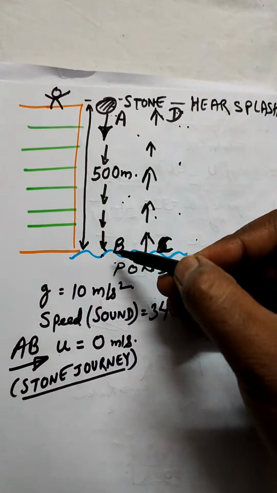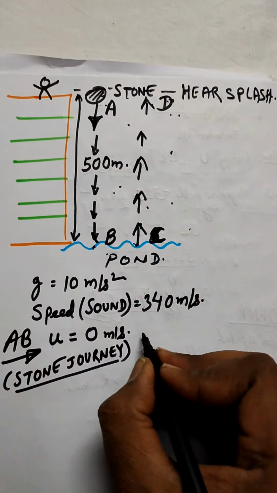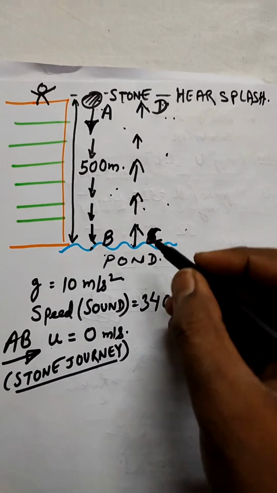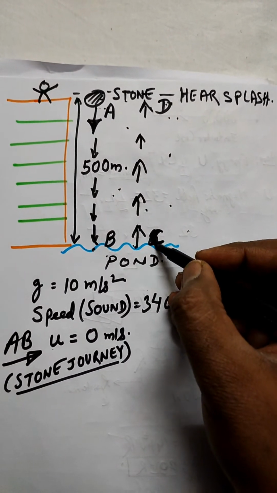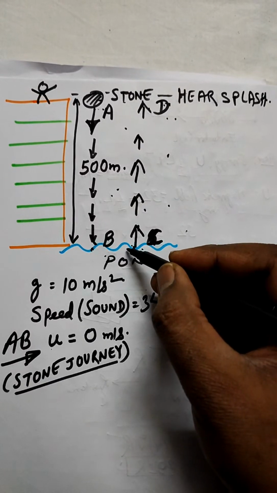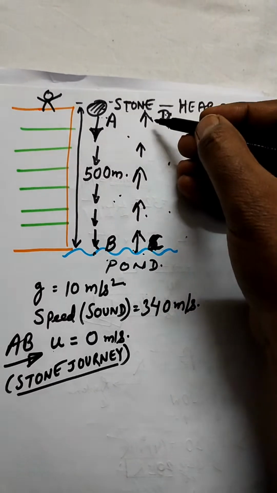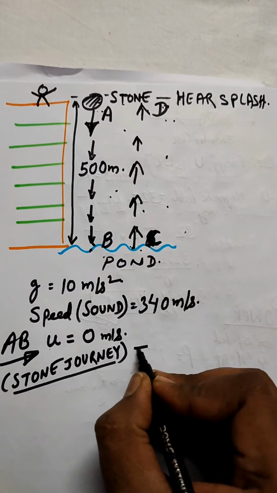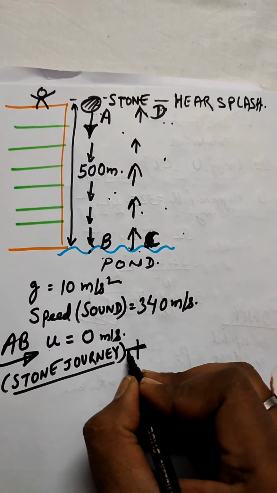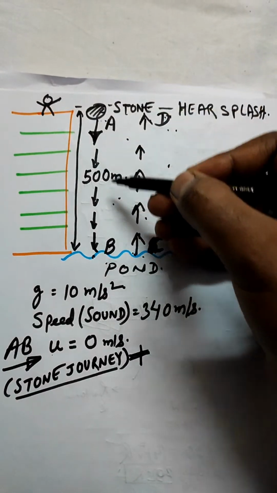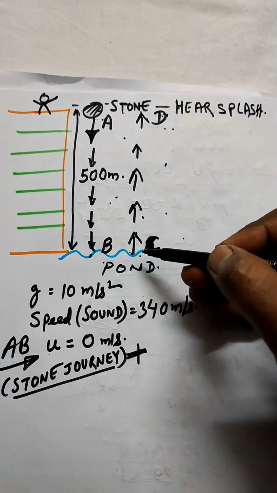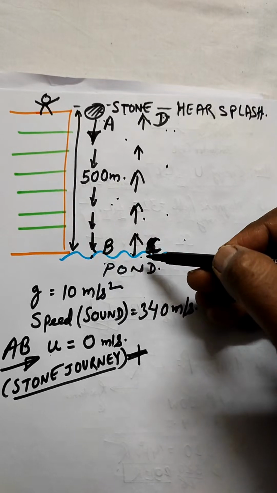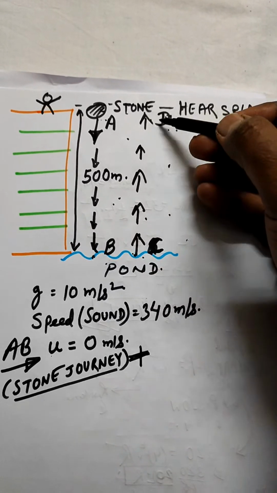A to B is the stone journey, and you will hear the sound when the sound is generated from point B and C and reaches back to D. So the total time will be considered, that is the total time of travelling of this stone to the pond, and from the sound which is generated, then it travels from C to D.